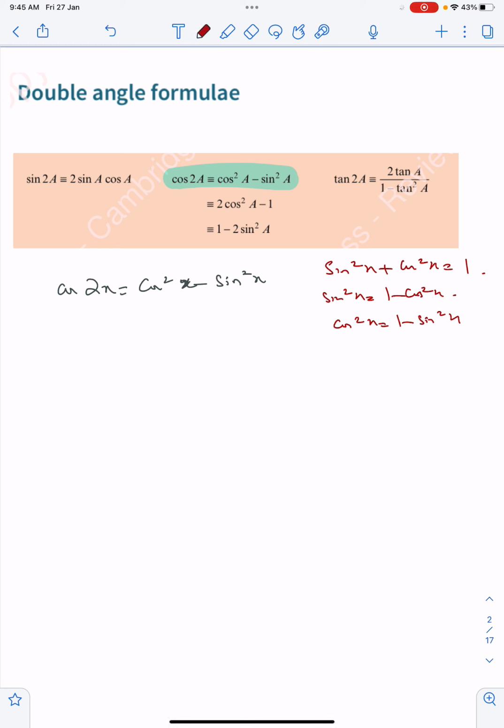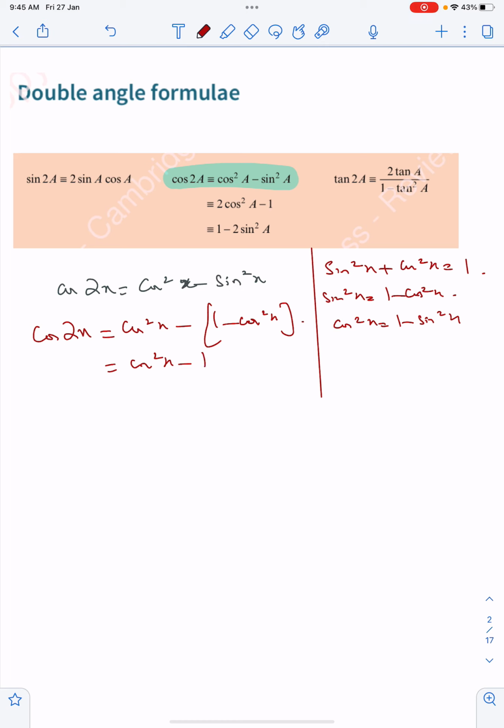So cos of 2x equals cos square x minus (1 minus cos square x), which is cos square x minus 1 plus cos square x, which is 2 cos square x minus 1.